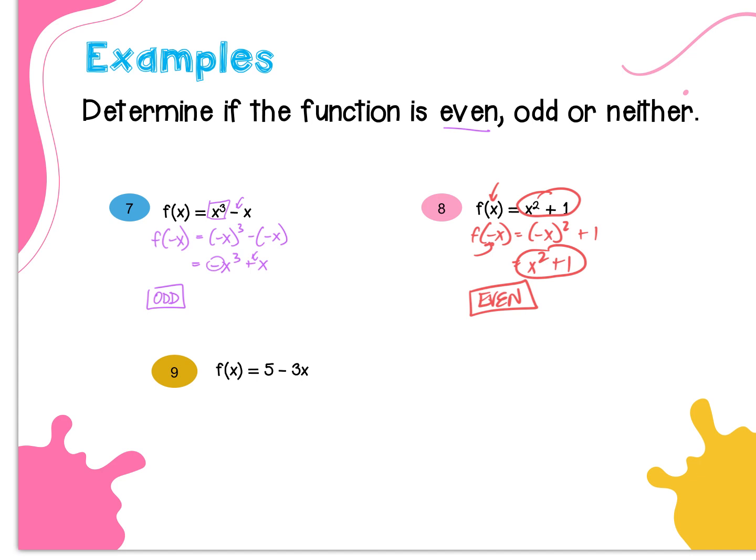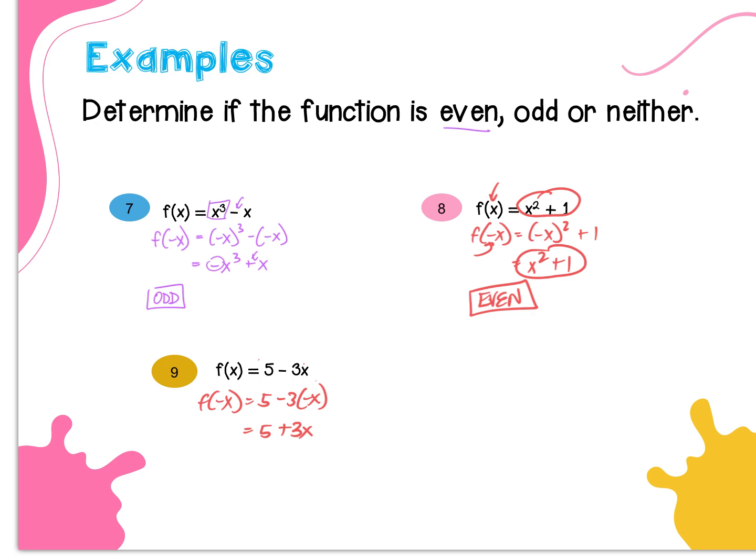I come over to number 9, and I plug in the opposite of x, 5 minus 3 times the opposite of x, and I'm going to get 5 plus 3x. Now notice this one. It's not the same as the original f of x, so it's not even. Both signs didn't change. If it was odd, my 5 would become negative and my negative 3x would be positive 3x.